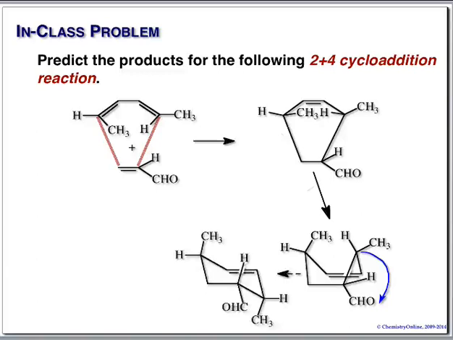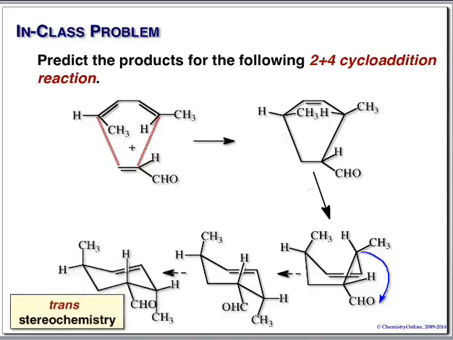Again, let's make sure we have the right stereochemistry. Hydrogen methyl, hydrogen methyl. So that works. Now I want to tip it so that I get nice axial equatorials. Once again, hydrogen methyl, hydrogen methyl.